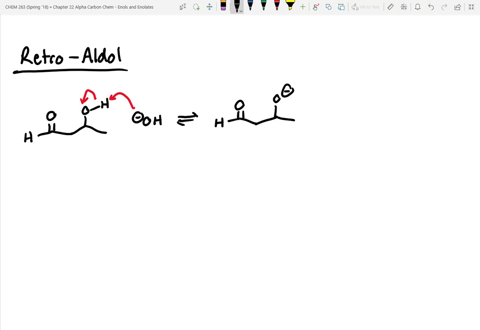And then in your next step, this is the weird one. You can actually kick off a carbon. We typically don't see that very often, unless the carbon has some sort of stabilization. But in this case, it does, because the carbon we're kicking off is an enolate that is resonance stabilized.